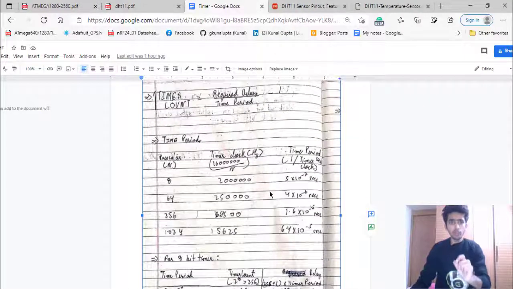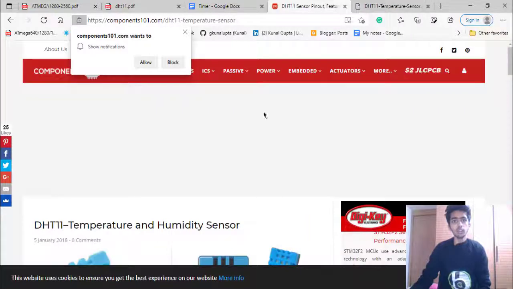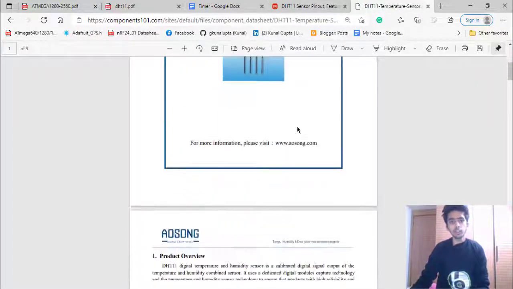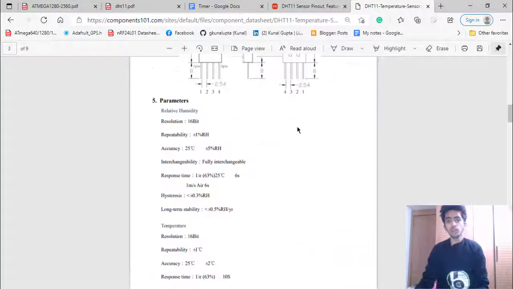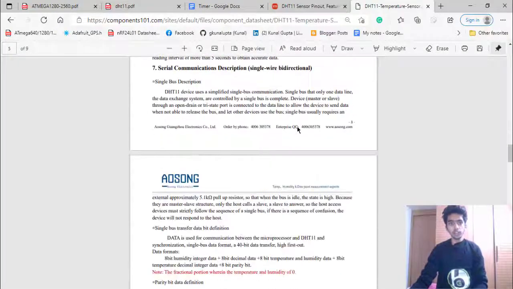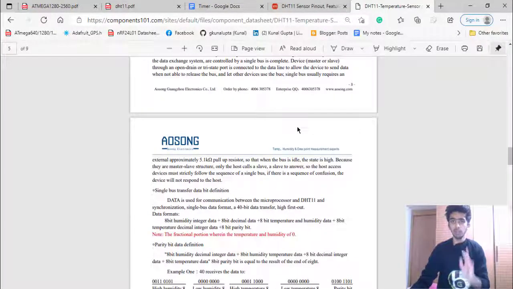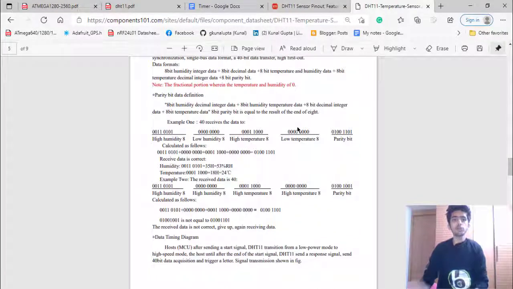Why have I told you this? Because now first we will get into the DHT11 datasheet. The DHT11 follows the one-wire communication protocol, which is a protocol that works on only a single wire.